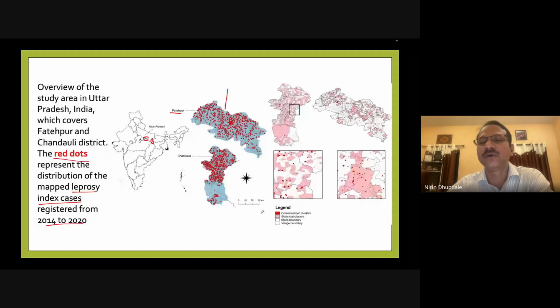We want to know whether there is a clustering happening. This is an example of contextualized clustering, and there is a statistical clustering. Statistical clustering will be the generalized kind of clustering, and there will be a refined clustering, which is the focus clustering.